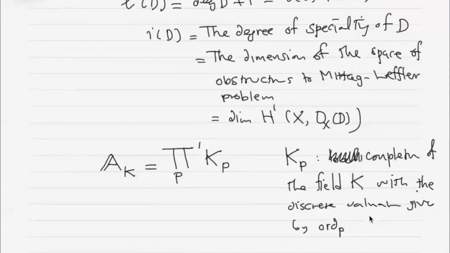Now, I have to tell you a little bit about these terminologies. The notion of adele was defined first by Weil in order to prove Riemann-Roch.